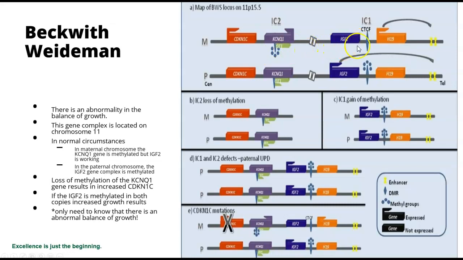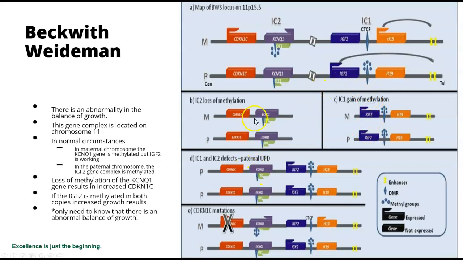So this one's off and this one's on. And the dad's copy, this one's on and this one's off. So this is how we control growth. But if both copies of this are working, we have too much growth. If we methylate both, we don't control growth.